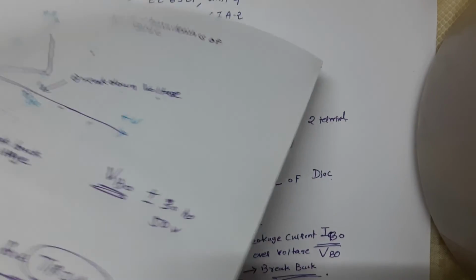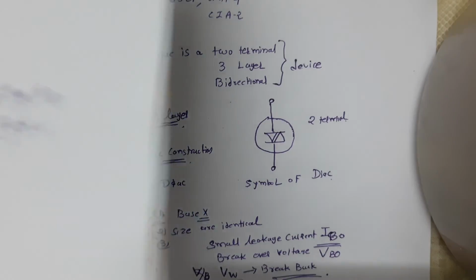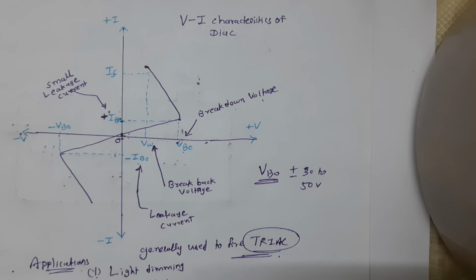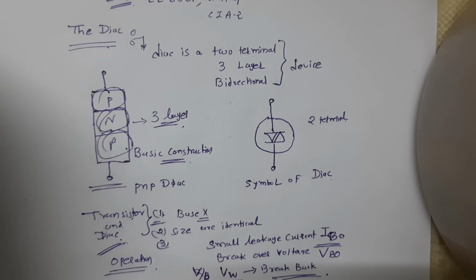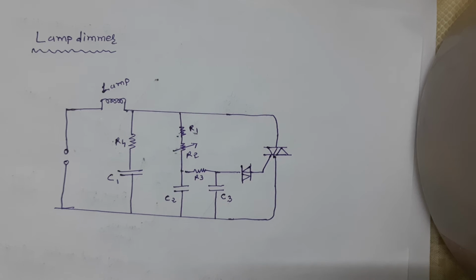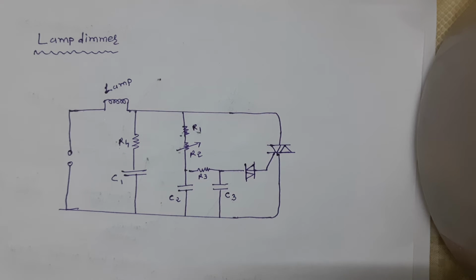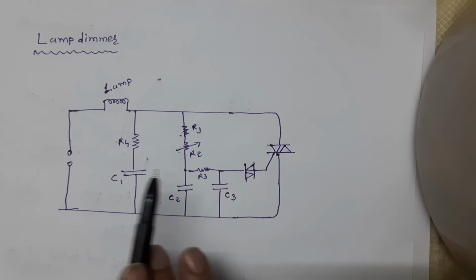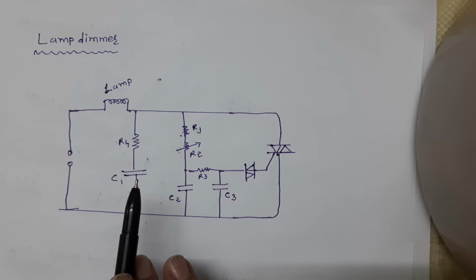First of all, it is used as a light dimmer. So, where is the circuit of the light dimmer? This is the circuit of the light dimmer. We can also say lamp dimmer. In this circuit, the basic control is by the RC variable gate voltage arrangement.